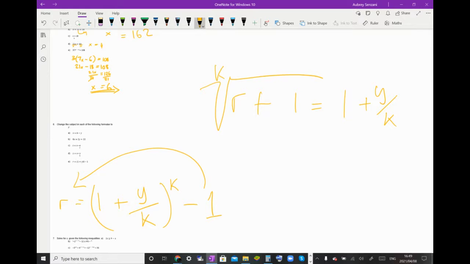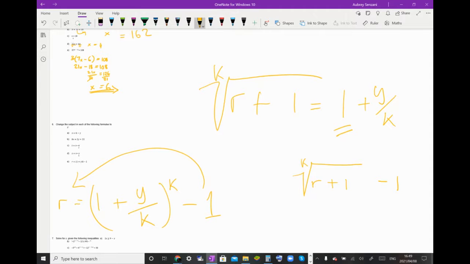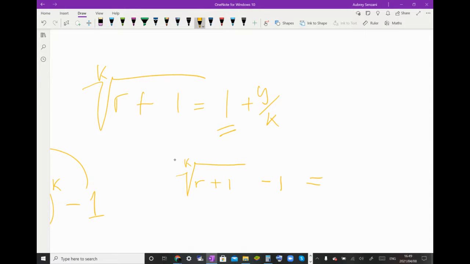Then when we've removed those brackets, what we have to do is get rid of this 1 over here. So let me try and make it neater. This is k plus 1 is equal to, sorry, aren't we throwing over the 1? So that's going to be negative 1 is equal to y divided by k.